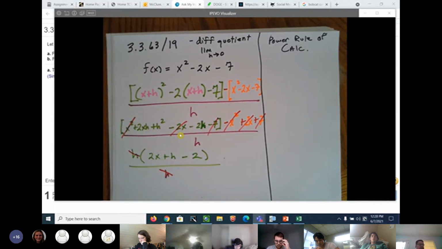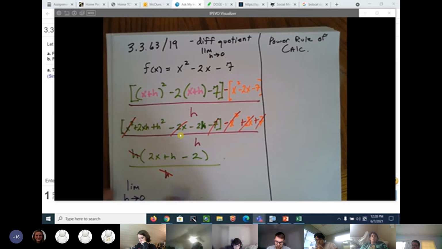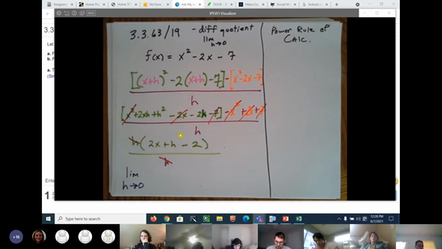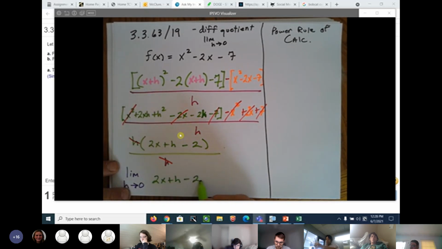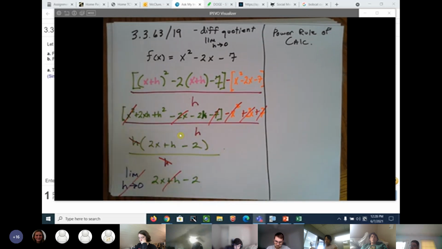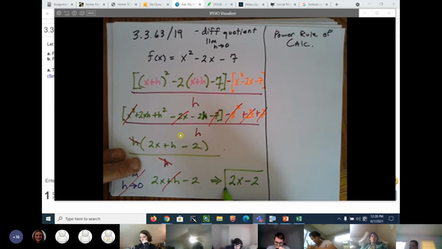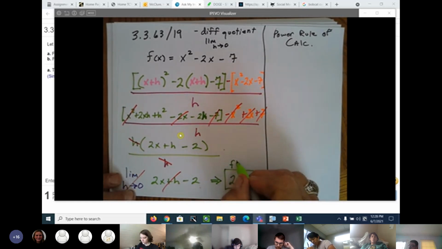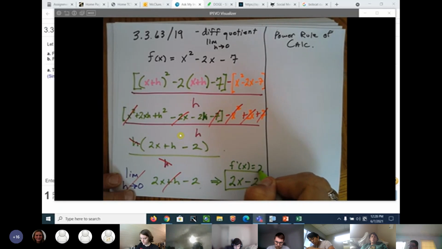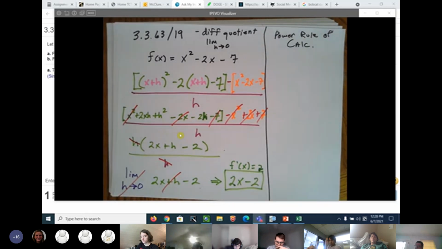And limit as h approaches 0 of 2x plus h minus 2. And that 0 cancels that out. So our derivative is 2x minus 2. So f prime of x is equal to 2x minus 2.